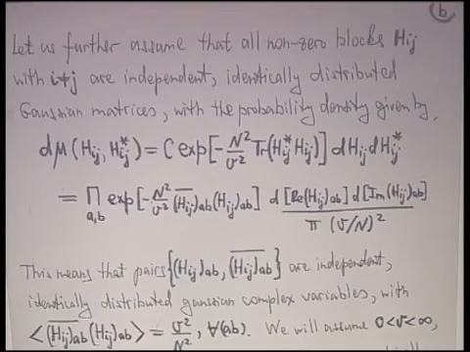They are all independent. Real and imaginary parts of all entries are independent, identically distributed, but their variance we will choose in a different way with respect to the variance for diagonal blocks.